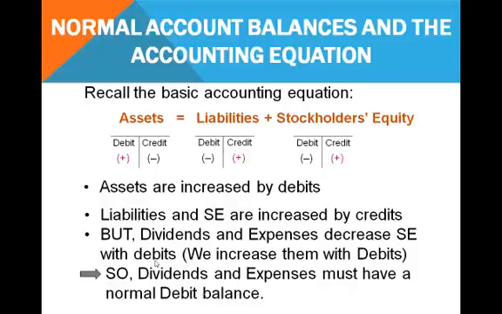You have to think that through. Remember, we've shown you 5 elements of stockholders' equity, but 2 of them have the effect of decreasing stockholders' equity. Therefore, their normal balance must be the opposite of equity in general. So assets normally have a debit balance. Dividends and expenses normally have a debit balance. Liabilities normally have a credit balance. Things like common stock and retained earnings normally have a credit balance. This is going to make more sense to you as we put it all together.